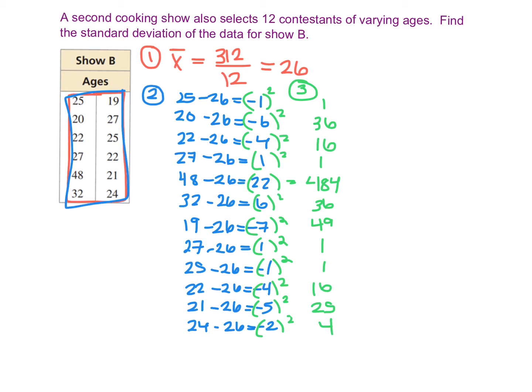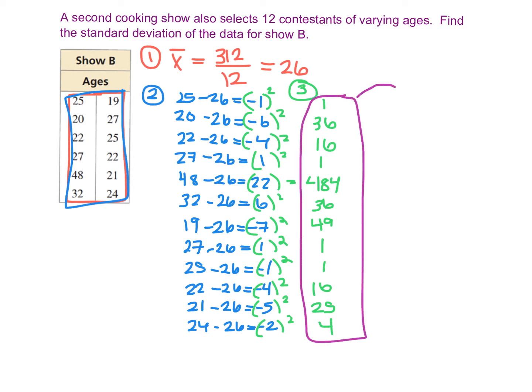Now I need to find the mean of all of these. So I'm going to take all of these values and add them together, and then divide by 12 to find my mean. So if I add all of those values together, I get a total of 670, and then I divide by the total number of contestants I have, which is 12, and that gives me approximately 55.83.